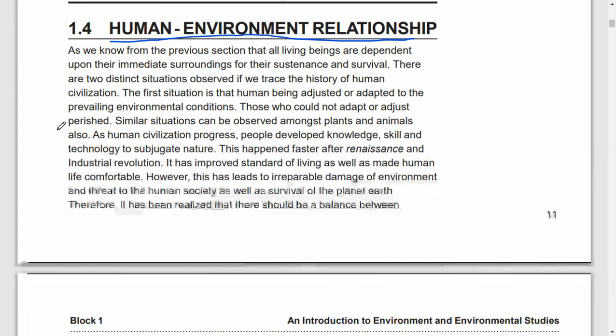As human civilization progressed, people developed knowledge, skill, and technology to subjugate nature. This happened faster after the Renaissance and Industrial Revolution. It has improved standards of living as well as made human life comfortable. However, this has led to irreparable damage of the environment and threat to the human society as well as survival of the planet Earth.